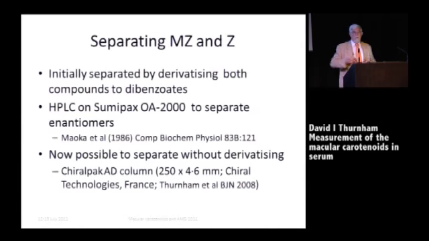This produced a larger compound still, and he was able to separate his enantiomers using this particular column, shown here, the Supelco OA2000. This is also a chiral column. It is now possible to separate the two compounds directly using a Chiralpak AD column, without derivatization, and that is the technique which we're currently using and which initially I used in the north in Coleraine.